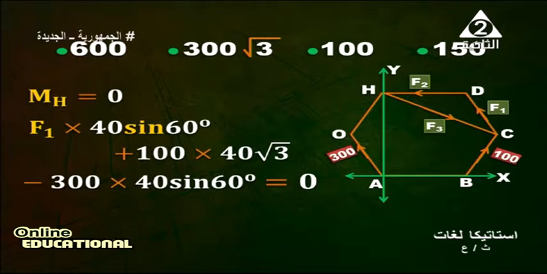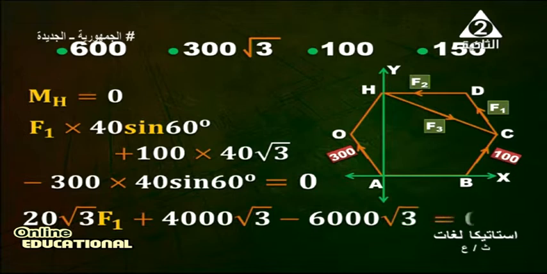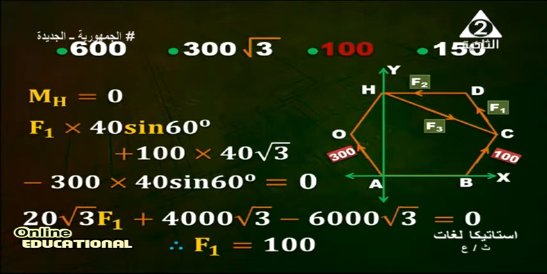Then, my dear student, the force F1 is calculated by using summation of 4,000 root 3 minus 6,000 root 3 equals negative 2,000 root 3, divided by 20 root 3, F1 equals 100. This example very important.